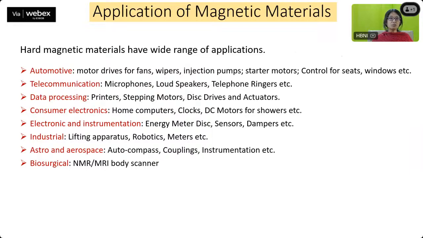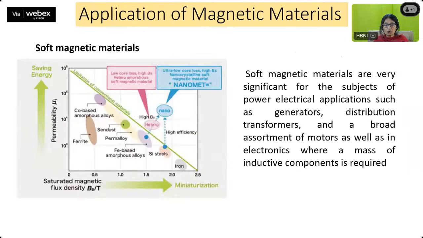Data processing, it is used in printers and stepping motors. Consumer electronics, in home computers, clocks. Electronics and instrumentation, you use them in energy meter discs, sensors, dampers. Industrial application is in lifting apparatus, robotics. Astro and aerospace, you find it in auto compass, couplings, instrumentation. And in biosurgical, you have NMR and the MRI body scanner also.